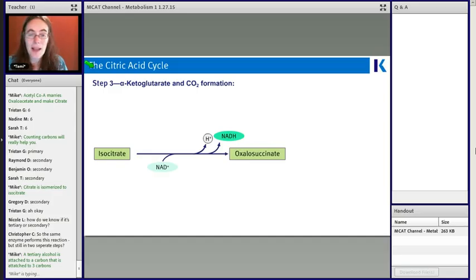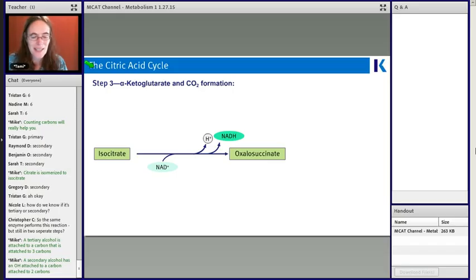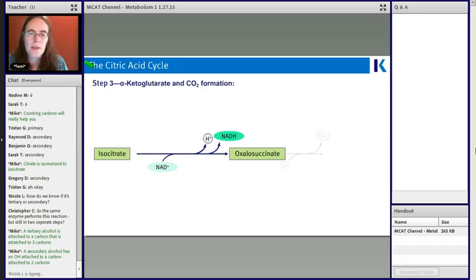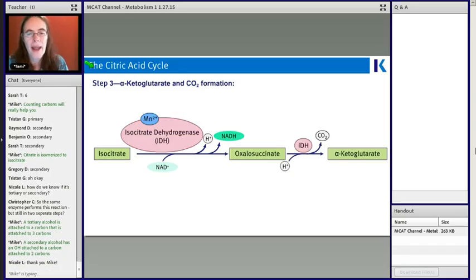NAD plus is being reduced to NADH, which means my isocitrate is being oxidized. Okay? So, as I do this, I'm going to have, again, an intermediate here, and then I'm going to get my final piece. So, my IDH, another thing that needs a divalent cation, isocitrate dehydrogenase, is going to take my isocitrate, dehydrogenate it, well, that makes sense, I see a proton here, into oxalosuccinate.